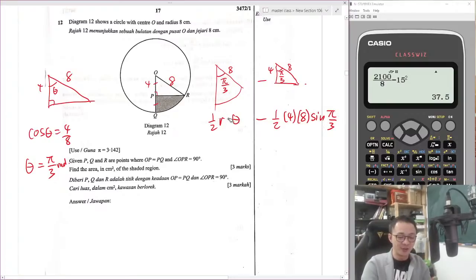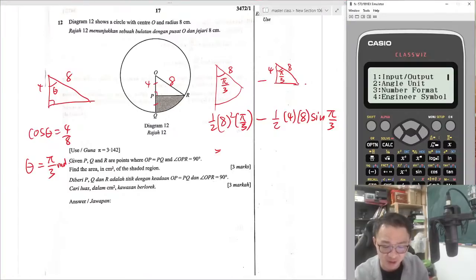Okay, so this one r is 8, right? Half 8 square pi over 3. So I just minus it. I should be able to get the answer. And I do correctly. Yeah, it's correct. Okay, so then you just type everything in your calculator.